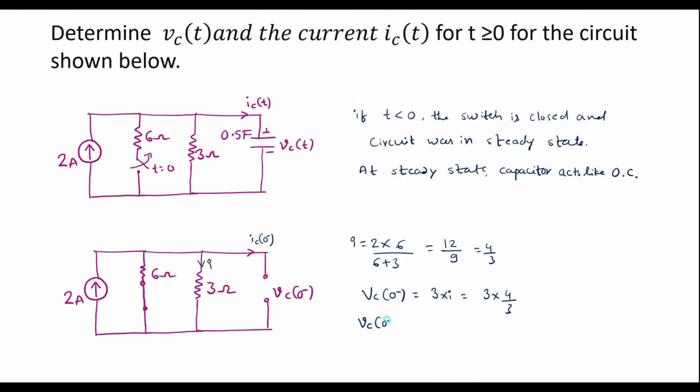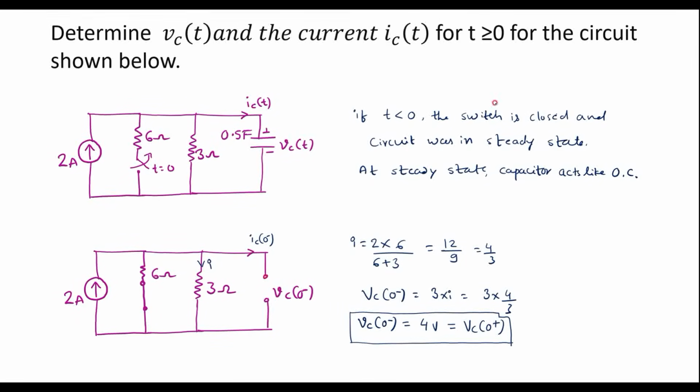Therefore Vc of 0 minus is equal to 4 volts, which is equal to Vc of 0 plus, that is, the voltage across the capacitor immediately after the switching operation is the same, 4 volts. So this is the voltage across the capacitor.